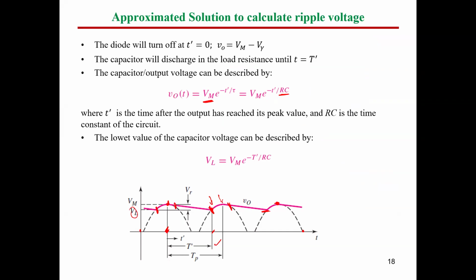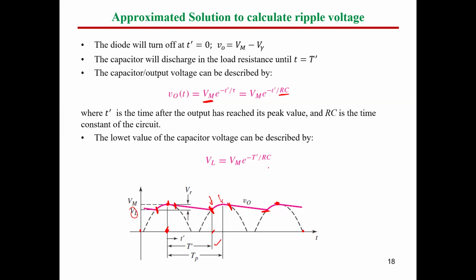We started from the maximum value until this instant at t prime. So if you substitute at t equals t prime, the value of V out of t will be VL. So we can say now VL equals V maximum times e to the power minus t prime divided by RC. Okay, guys, so this is now the equation of VL.